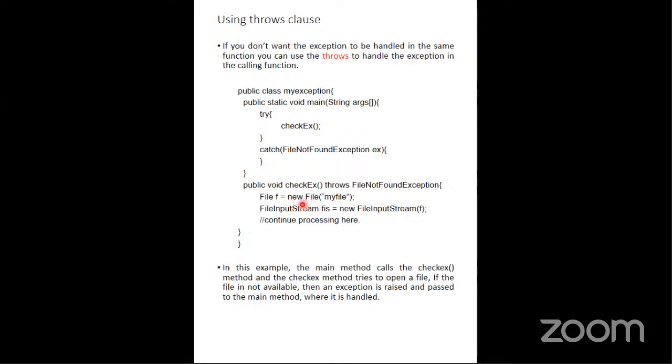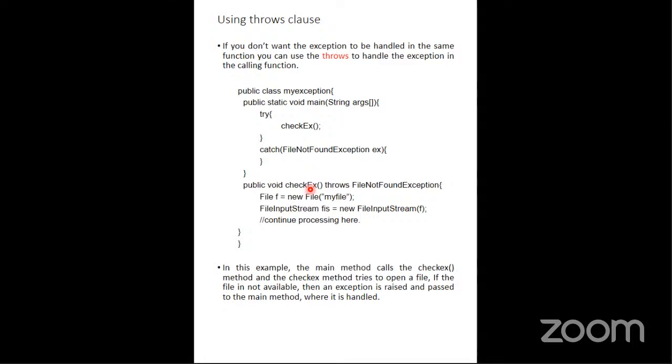This code is very much prone to generating a file not found exception, because whenever you try to open and read from a file, file not found can happen. So this method has code which is very much prone to generate an error at runtime, but there is no try block and no catch block here. It means this method is capable of generating an exception but is not ready to handle it.